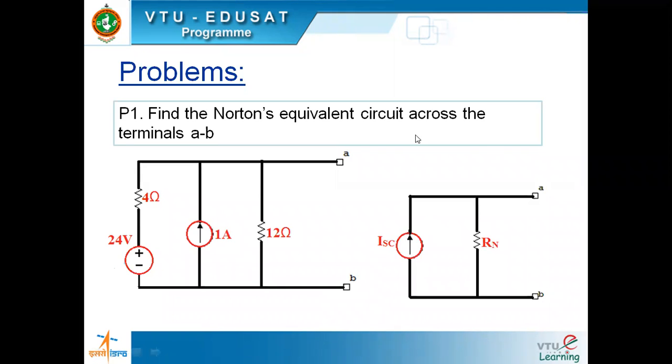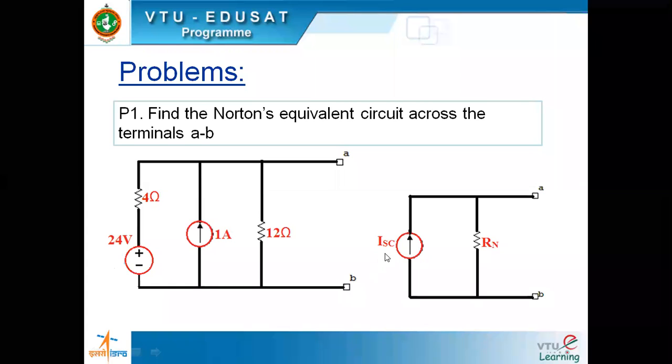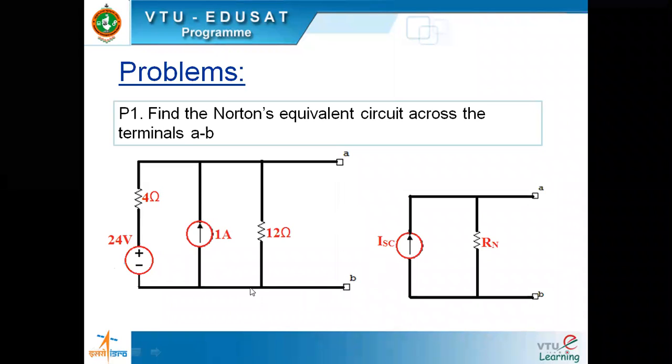Now, how to find ISC? In this problem, we need not find VOC at all. VOC is not concerned here when independent sources are involved. So we have to find ISC. How to find ISC? Here, you need to short the terminals AB, and this ISC would be flowing from A to B. And here is the ground.